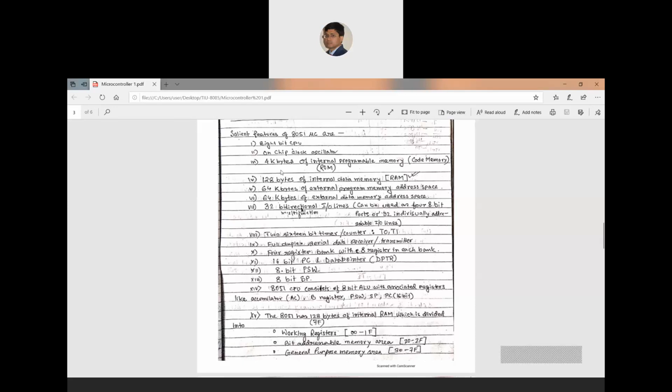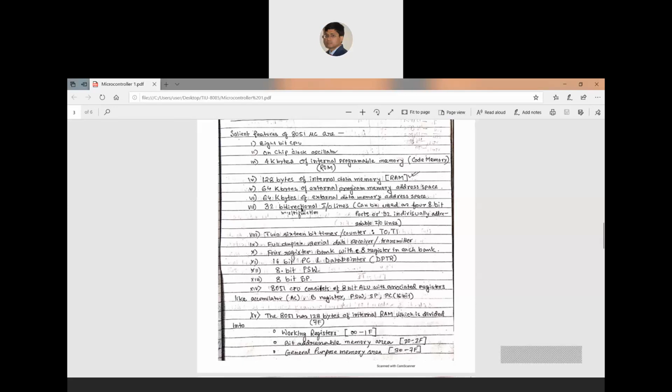We also saw that 4 kilobytes of ROM is an integrated part of the 8051 microcontroller, and 128 bytes of internal RAM, used for data storing purposes, is also integrated.